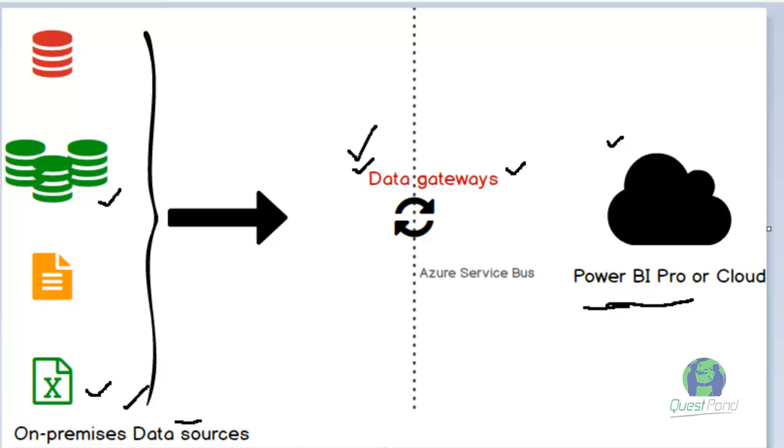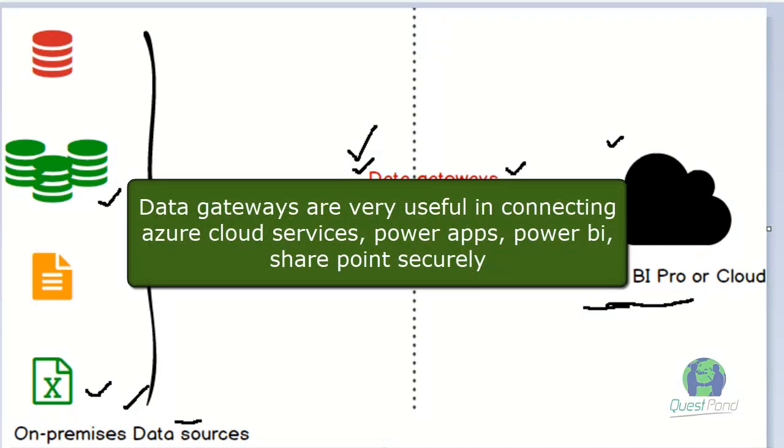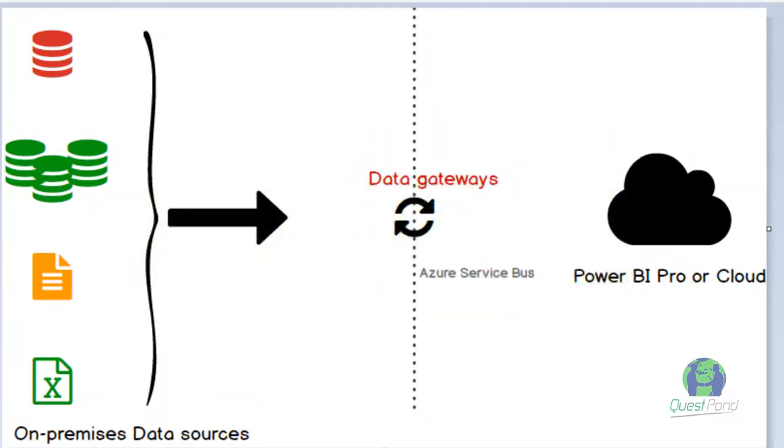So this is a benefit of having your files on the Power BI Pro. Now suppose your data sources like SQL Server, Excel, CSV or any other data source lie on premises and you want to connect to the cloud services like Azure Cloud Services, Power BI Pro, Power BI cloud services, Power Apps, SharePoint, then for this process you need the data gateways, because these data gateways securely encrypt and decrypt your authentication and securely process your data synchronization to the cloud services.